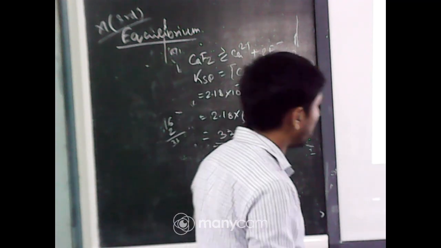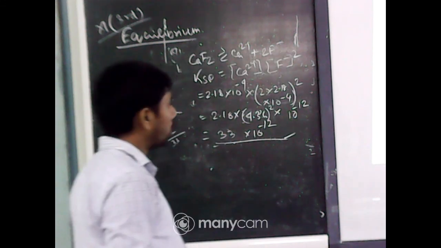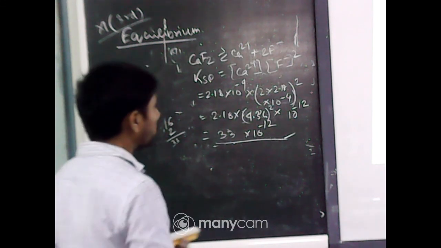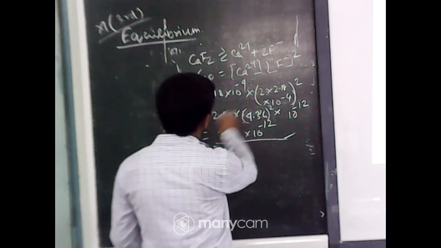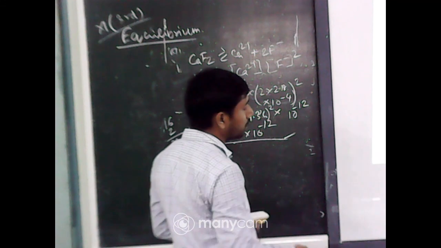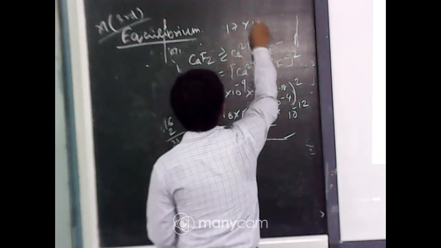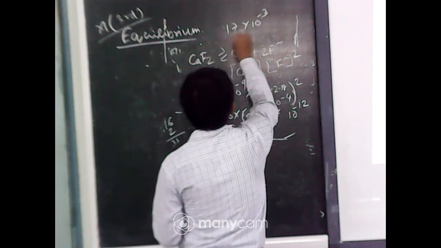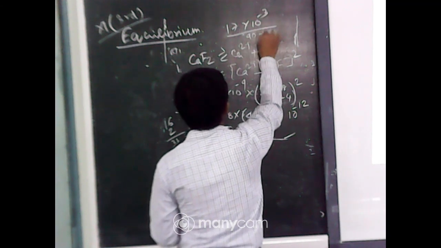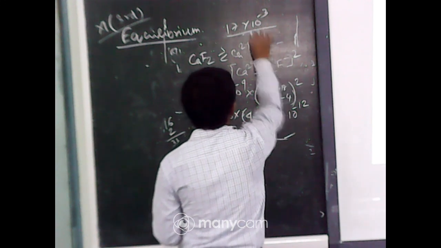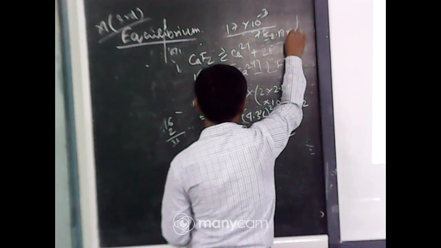Solubility per gram mass is equal to this value, that is 2.18 into 10 to the power minus 4. I have calculated there, that is 17 into 10 to the power minus 3 divided by 40 plus 38, that is 78. It will be equal to 2.18 into 10 to the power minus 4.